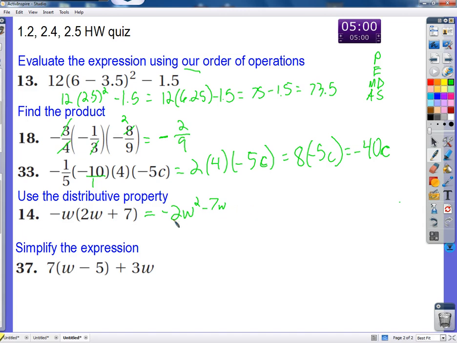Right, can we put these together? Negative 9 something. No. Why not? The other W isn't squared. At least I know I can't do it, because the other W is not squared. Okay? So that's a reason enough to not do it.